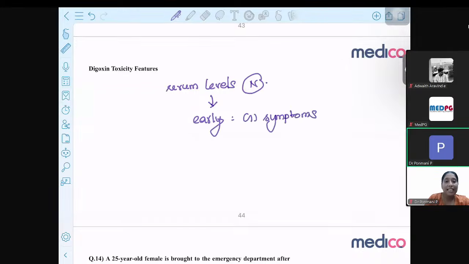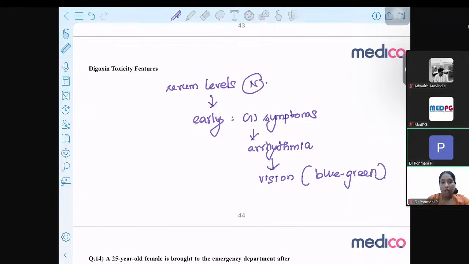This can progress to arrhythmias. And the extreme form of toxicity affects the vision, especially the color vision, the blue-green one. Okay, so the key point is that even when the therapeutic range is normal, the GI symptoms can be an indicator that the toxicity features are kicking in. So please keep that in mind.